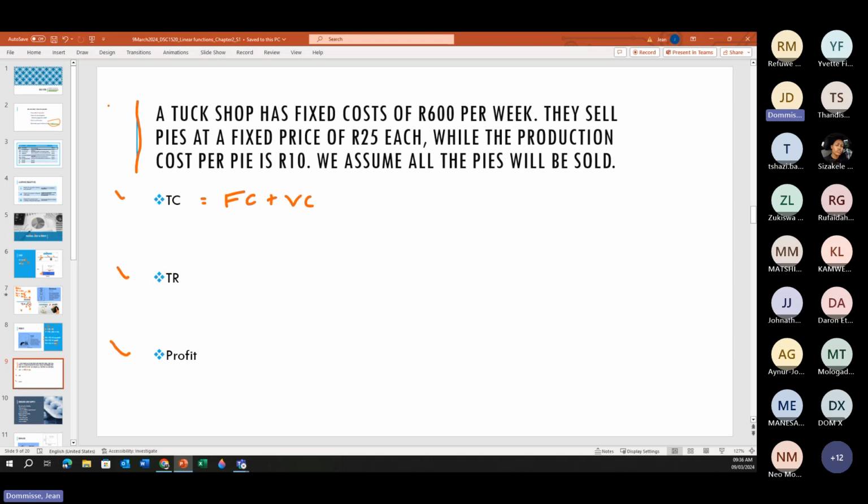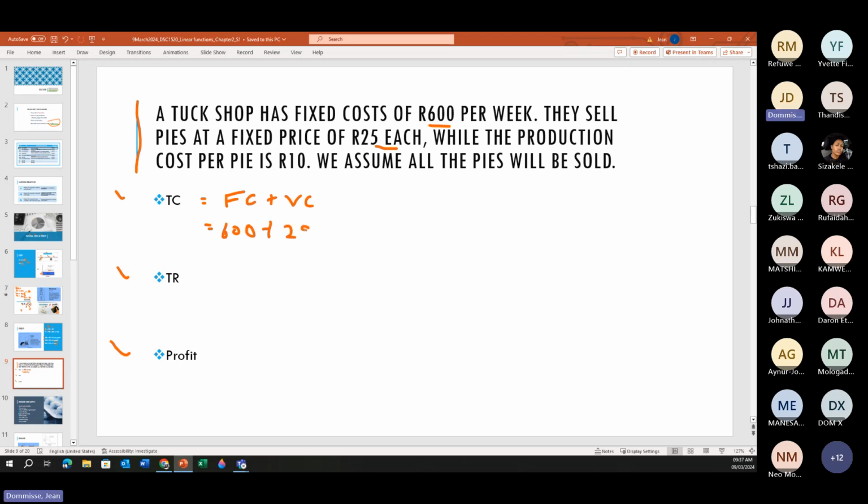Let's see what they give us. A tuck shop has a fixed cost of 600 Rand. They don't tell us what the variable cost is, but they tell us they sell pies at a fixed price of 25 Rand each.